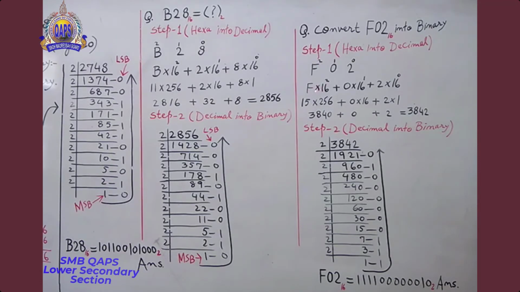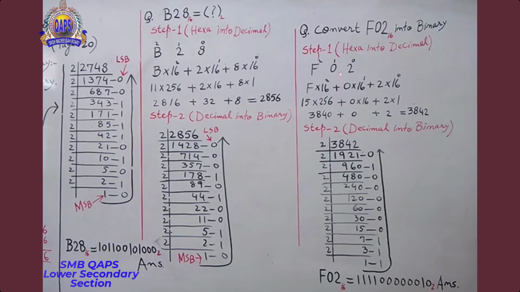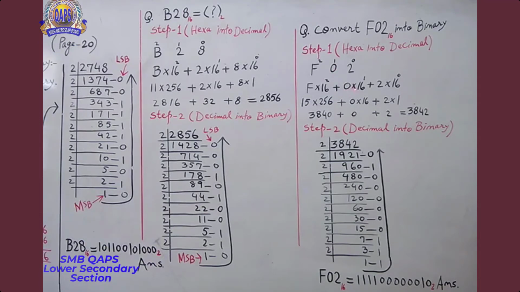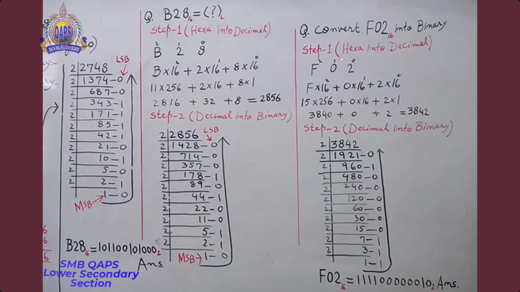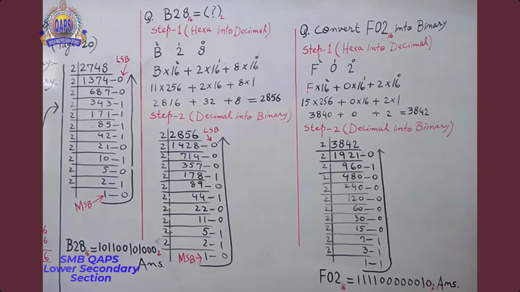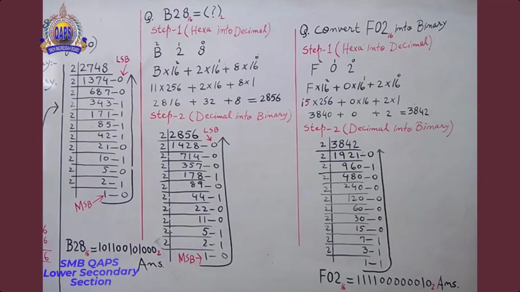F multiply by 16 power 2, plus 0 multiply by 16 power 1, plus 2 multiply by 16 power 0. Instead of F, I will add 15. Understand?